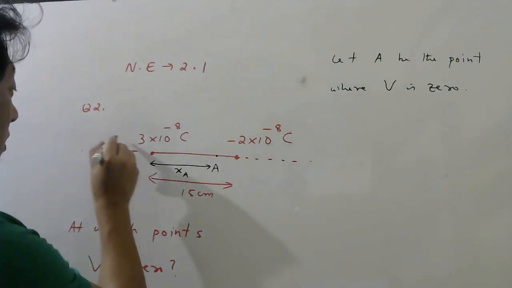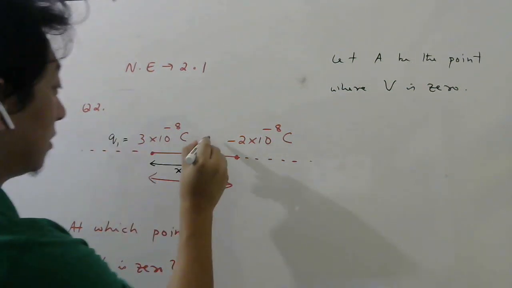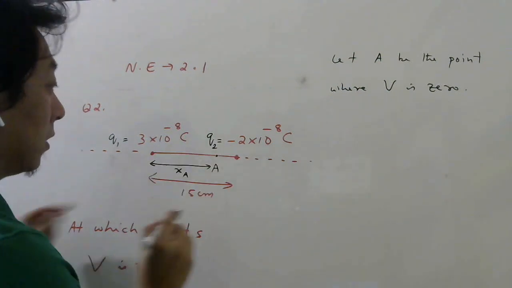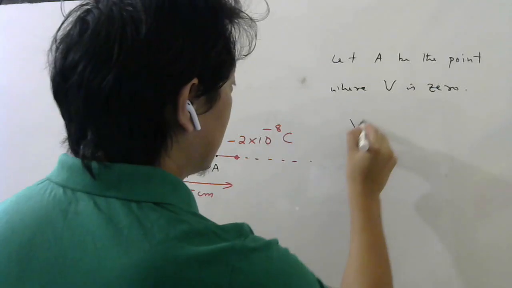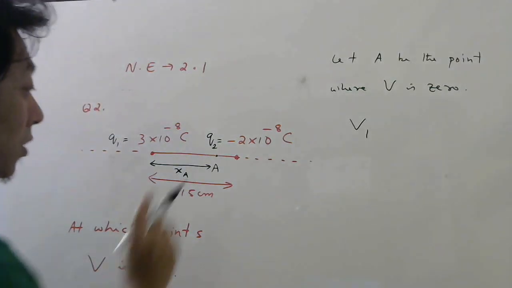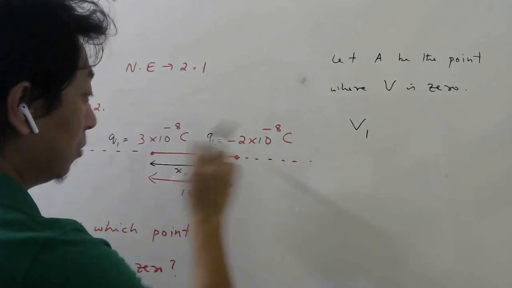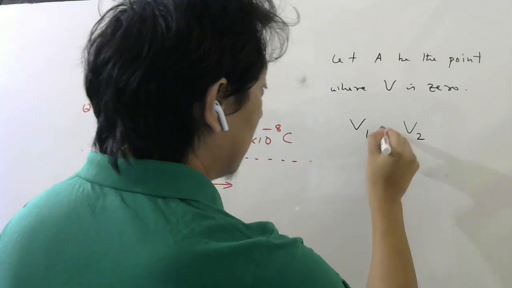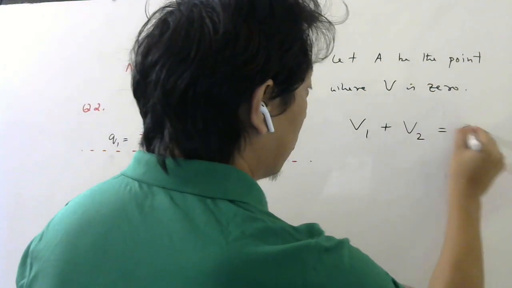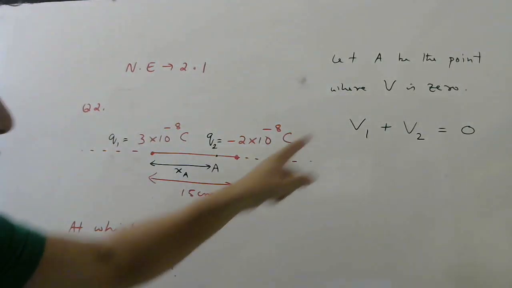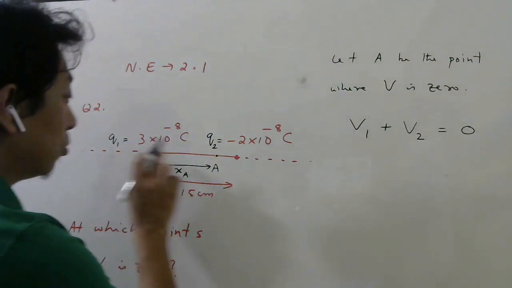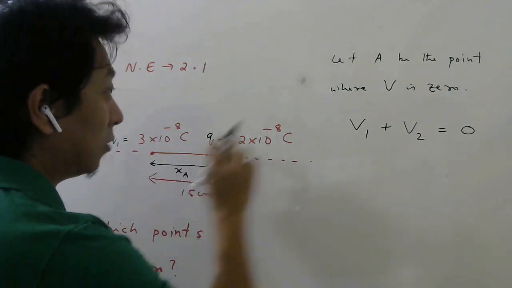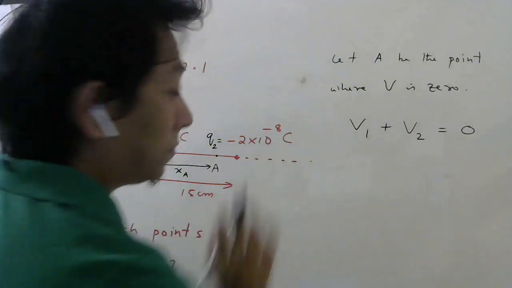If I call this charge Q1 and this charge Q2, then potential at A due to Q1 is V1, and potential at A due to Q2 is V2. Then the total should be 0 according to the question. These two are charges, and this is the point where I am saying potential is 0.